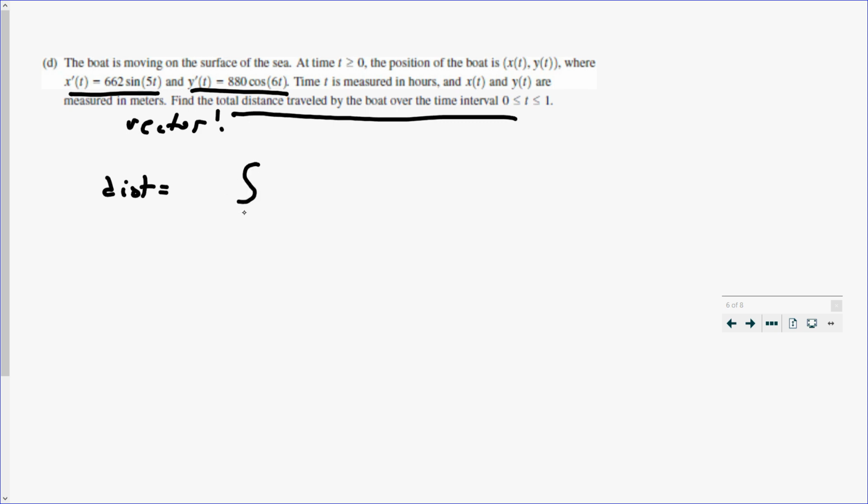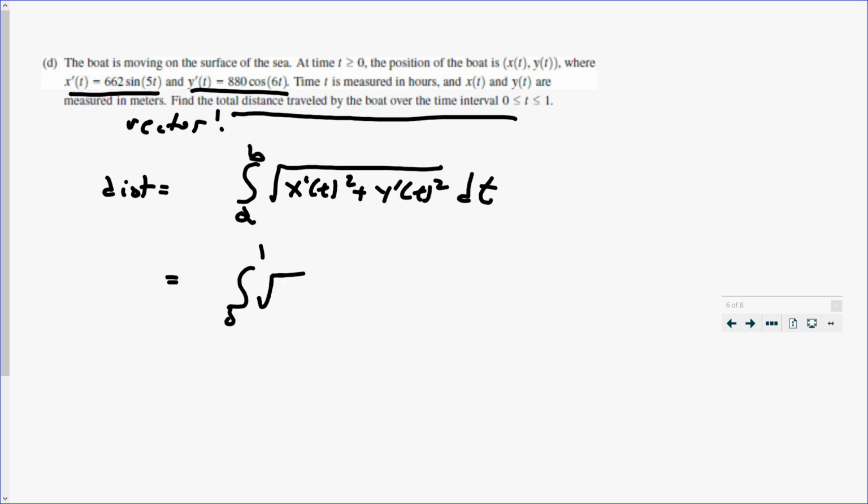Remember, that just goes from A to B. Our integral is the square root of x prime of t squared plus y prime of t squared dt, and for us, that's going to go from 0 to 1. You do not have to write out the whole equations if you don't want to. You can just leave it like this and type that in your calculator.